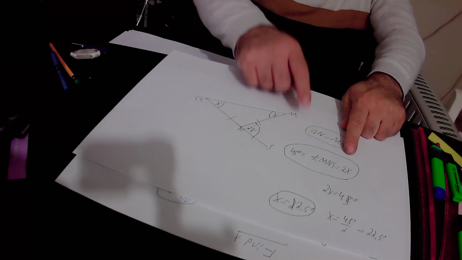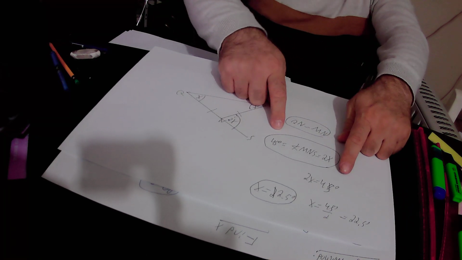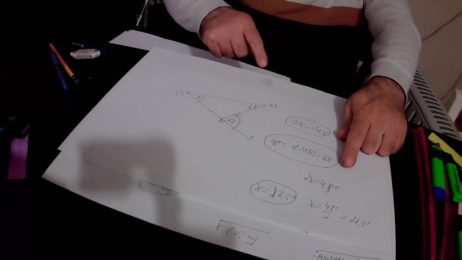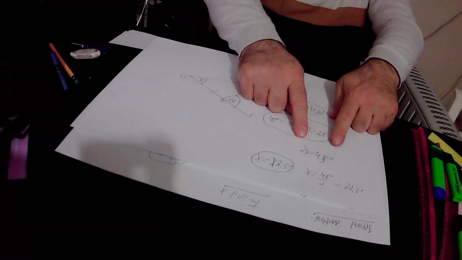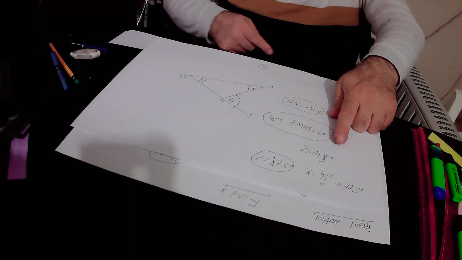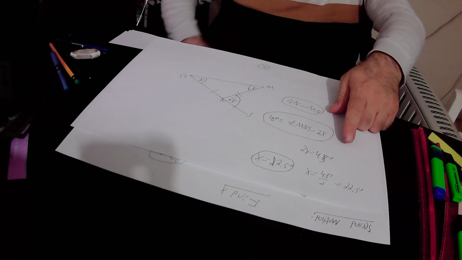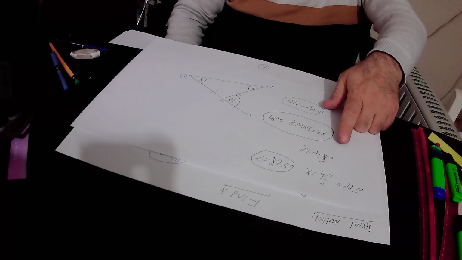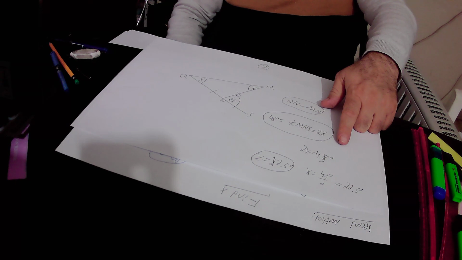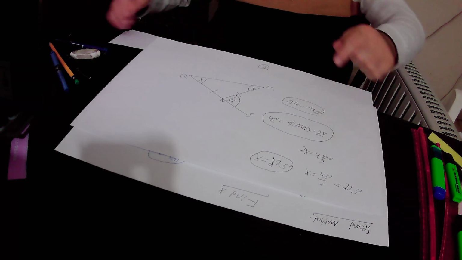From this equation, we get that 2x equals 45 degrees. We divide this equation by 2, and we get that x equals 22.5 degrees. So we found out that angle x equals 22.5 degrees in both methods. Okay, thank you very much.